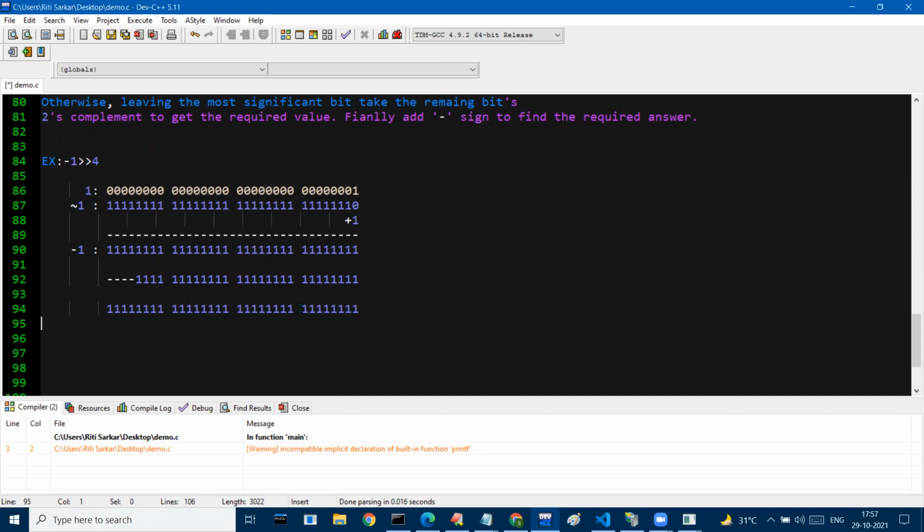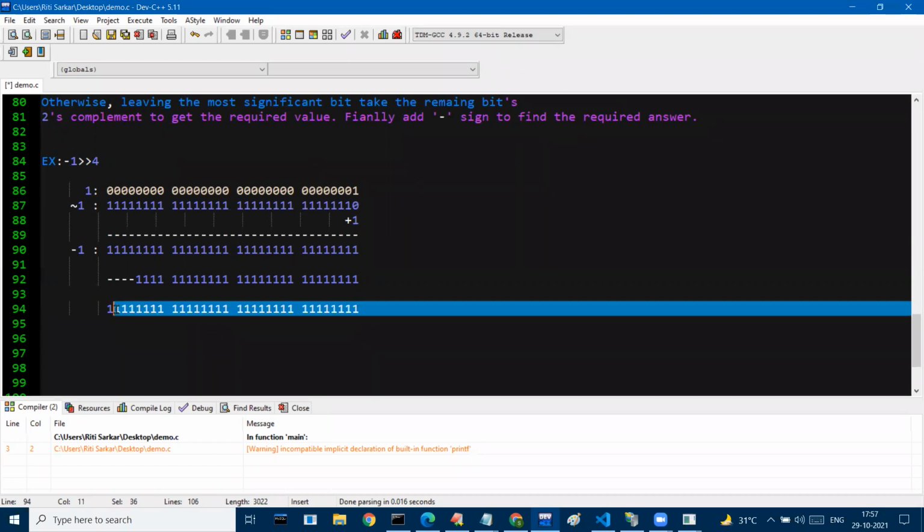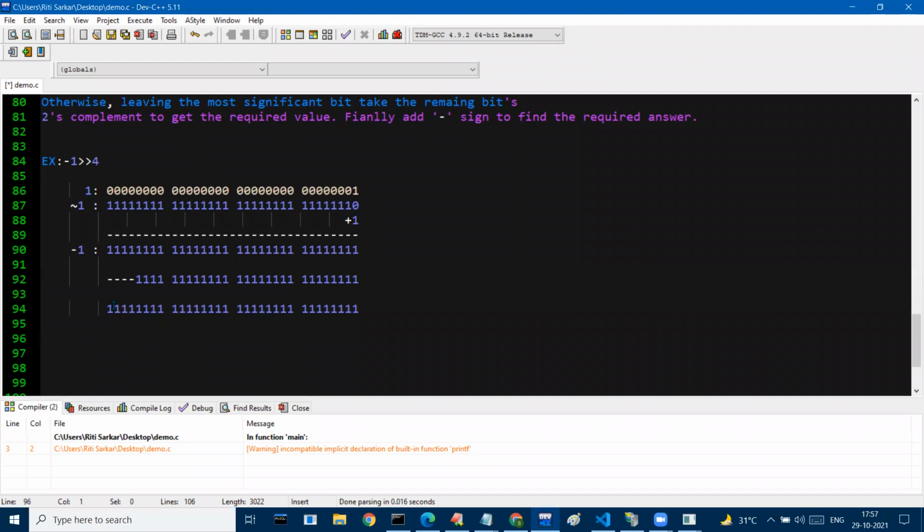Next, after that, what is the thing? Most significant bit verification. What is that? 1. What does it mean? Leave that 1. Take the remaining bits. These are the remaining bits, na? Take them. Then what to do? Take its 2's complement.